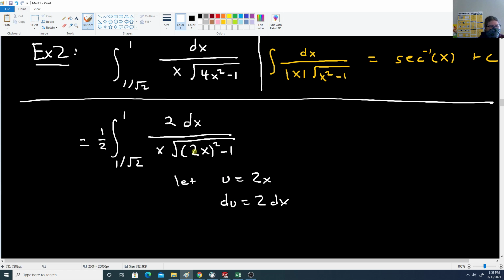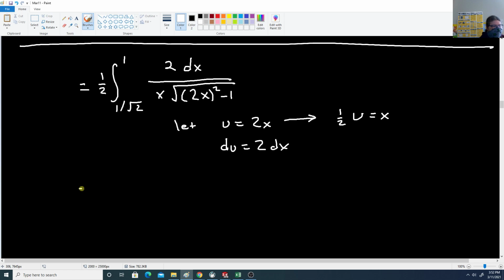So I can substitute in for the 2x, I can substitute in for u, and 2dx, I can replace that with du. But the x over here, I need to solve this equation for x. I can move the 2 over as 1/2. So we get 1/2 u equals x. And now I have all the bits and pieces I need to plug into this. So I have 1/2. When I get some new limits of integration, I'll figure out in just a minute.